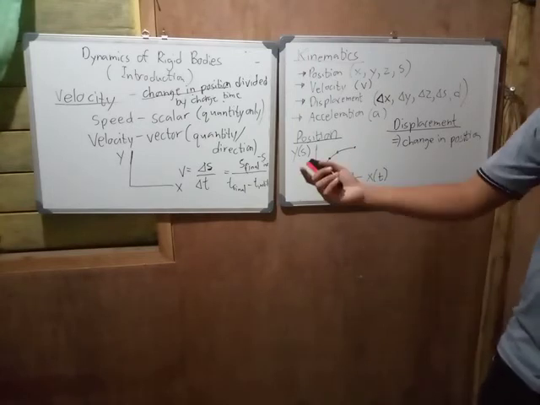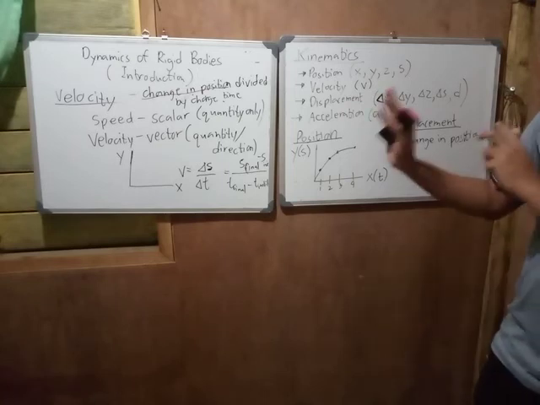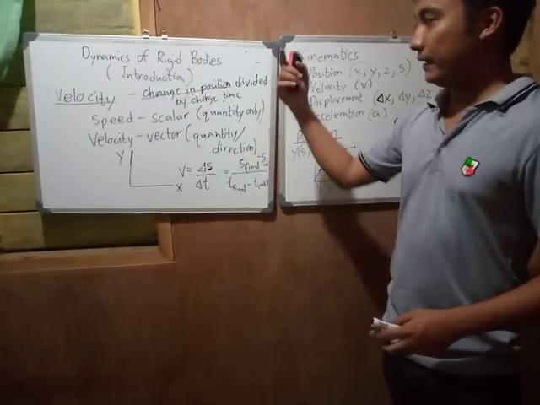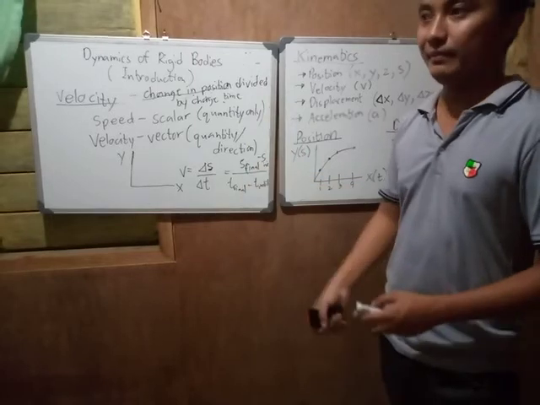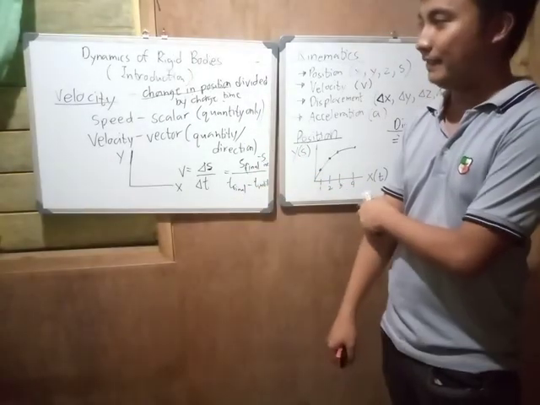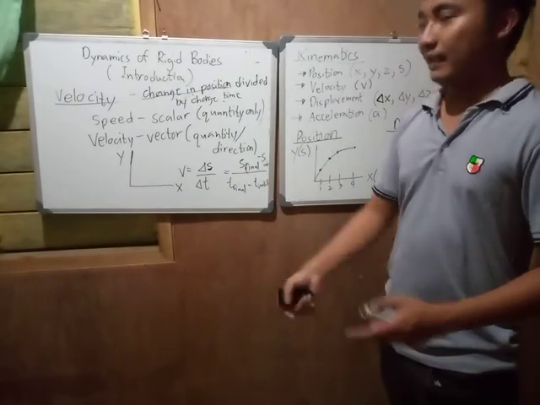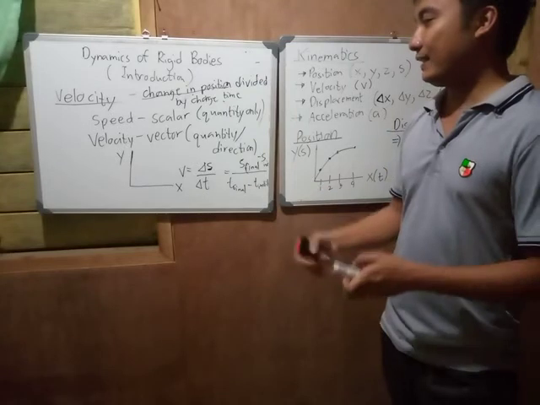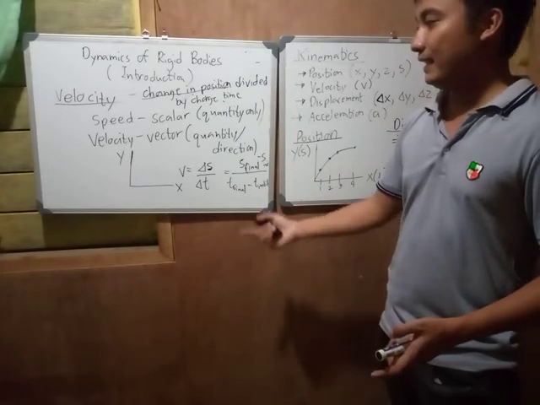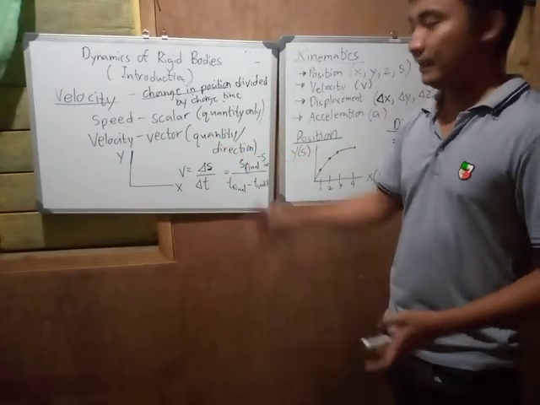Okay, so we know that the velocity is change in position divided by change in time, or change in position relative to time, or we can say displacement over time. Para mas madali. So that is velocity. And velocity is a vector quantity, meaning it has both quantity and direction.